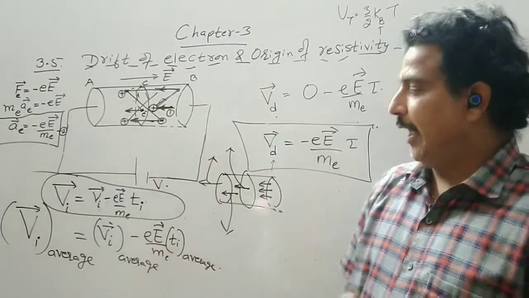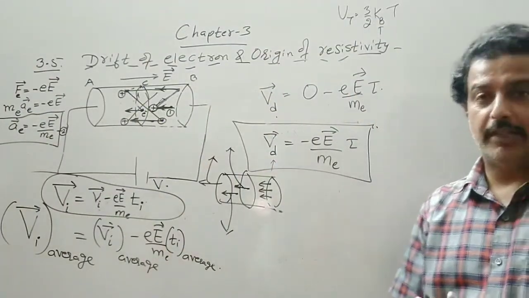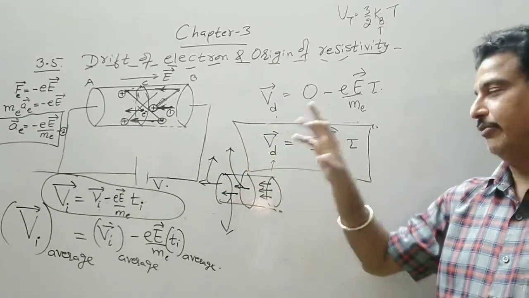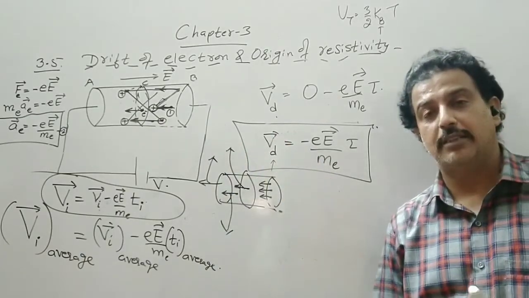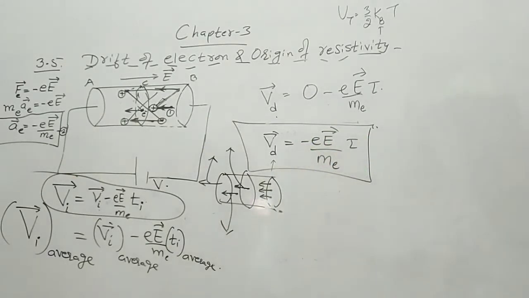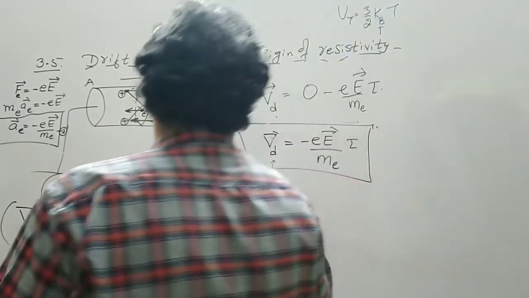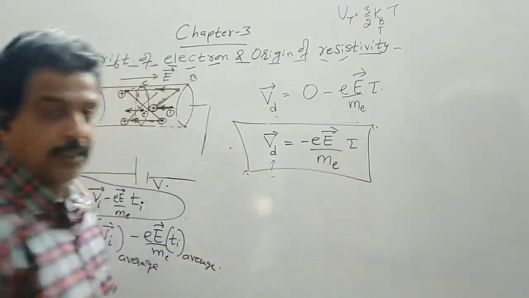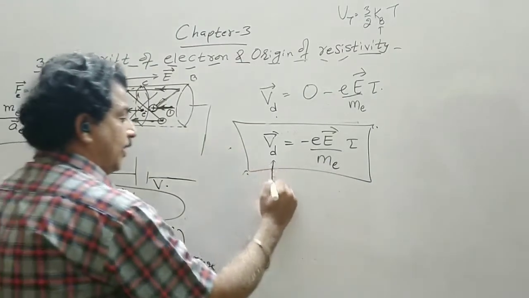For the entire case, we can take an average of all these things. So this is the average velocity by which an electron is accelerated from one end to another in the presence of an electric field.